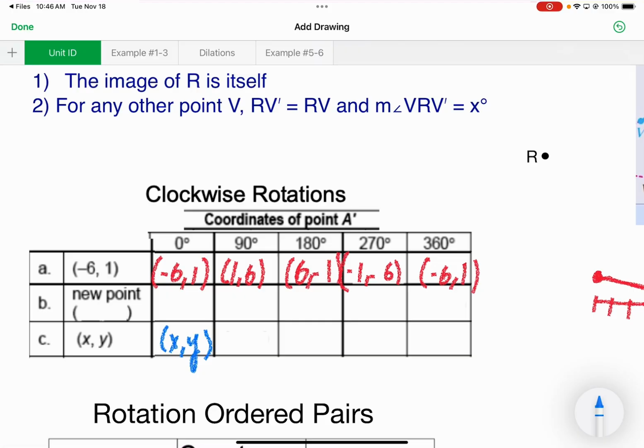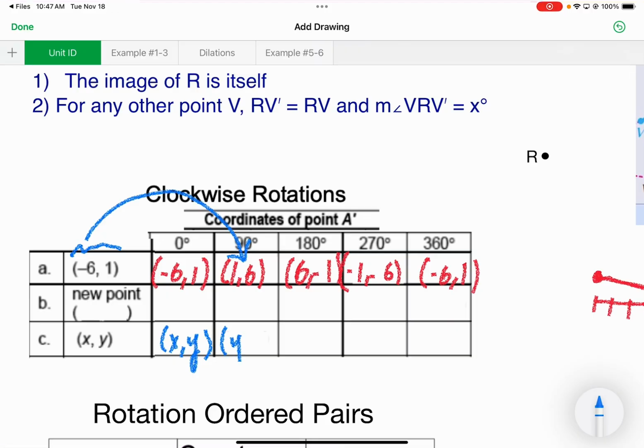What happened? To get from here to here, what did I do? Angeline? It's -yx, meaning I flipped my coordinates, and then I changed the sign of the one that landed in the second spot.